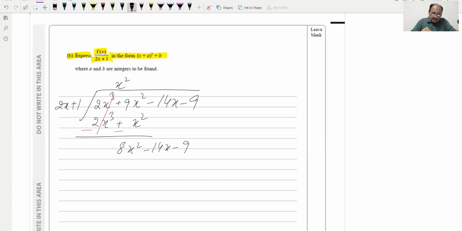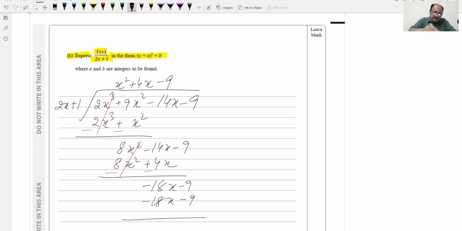Now we can multiply by plus 4x, and this will be 8x squared plus 4x, and now we can change sign and cancel, and after cancellation we will get minus 18x minus 9. Now we can multiply by minus 9, and this will be minus 18x minus 9, change sign and cancel, and nothing is remainder.